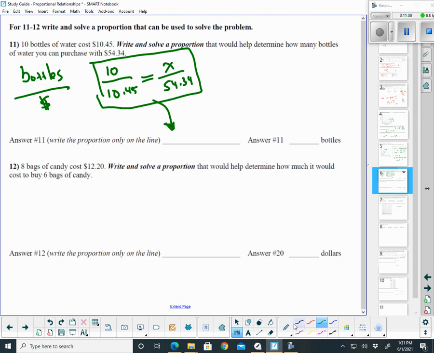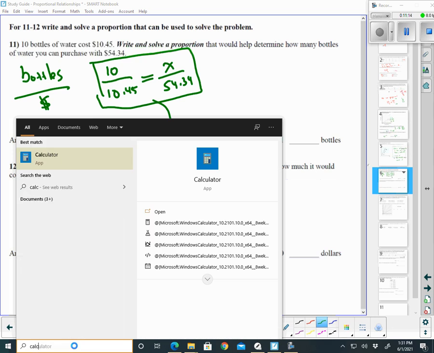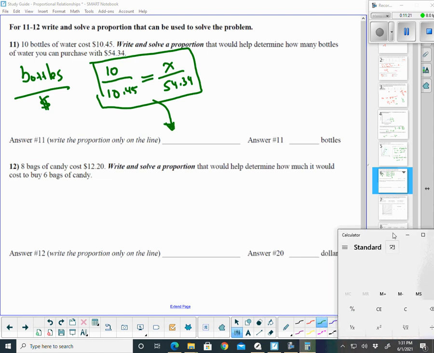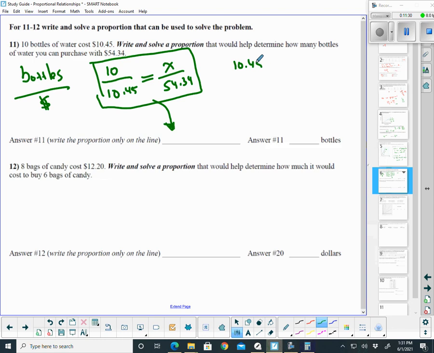Now, to actually calculate it, should have pulled up my calculator sooner. Yes, you will be allowed a calculator on this assessment. There are times where it's useful, and there are times where it's not really useful. All right, so here we go. So 10.45 times x is 10.45x, and that's going to equal 10 times 54.34. Well, that would just move the decimal over, so it would be 543.4.